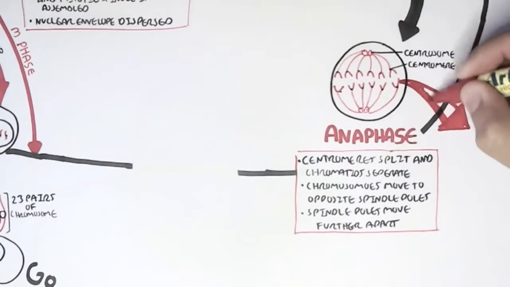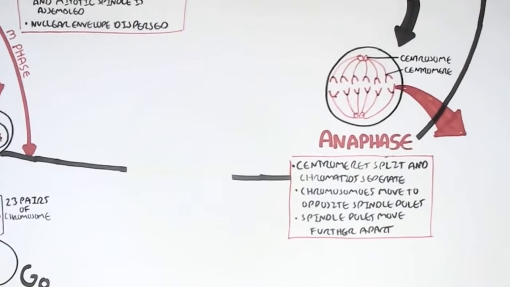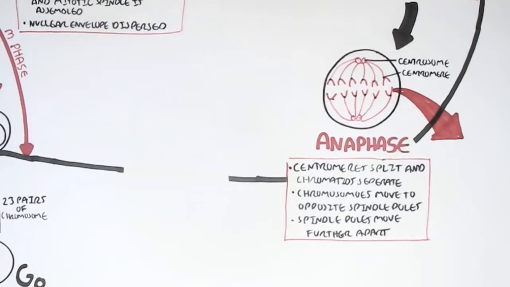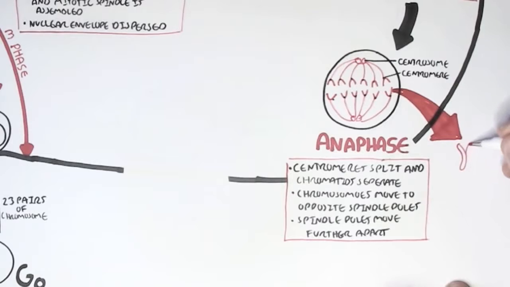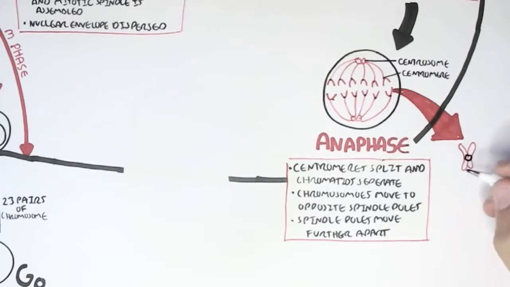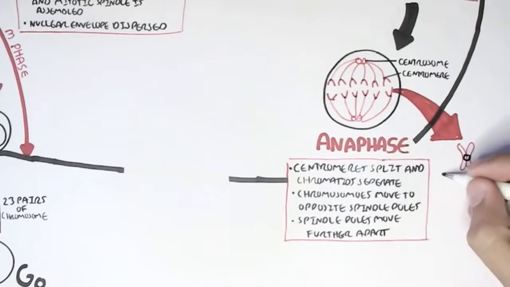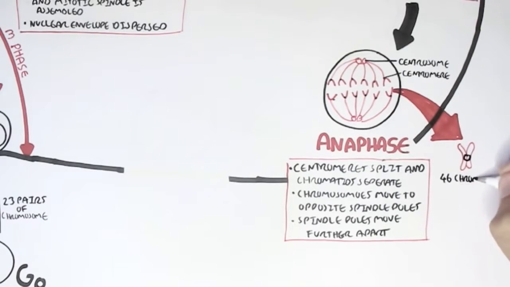So let's look at what happens with the genetic material during anaphase. Before anaphase, we had, remember, duplicated chromosomes, 2 chromatids per 1 chromosome. So in total, we had 46 chromosomes and 92 chromatids.